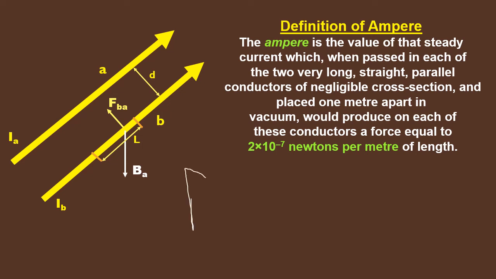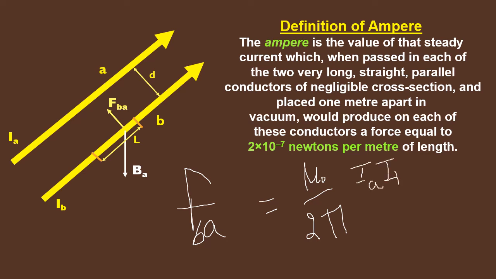We have just now derived the expression for FBA or FAB for that matter, and it is mu naught upon 2 pi into IA IB upon D, right? Mu naught IA IB upon 2 pi D, the expression that we derived in the previous part.